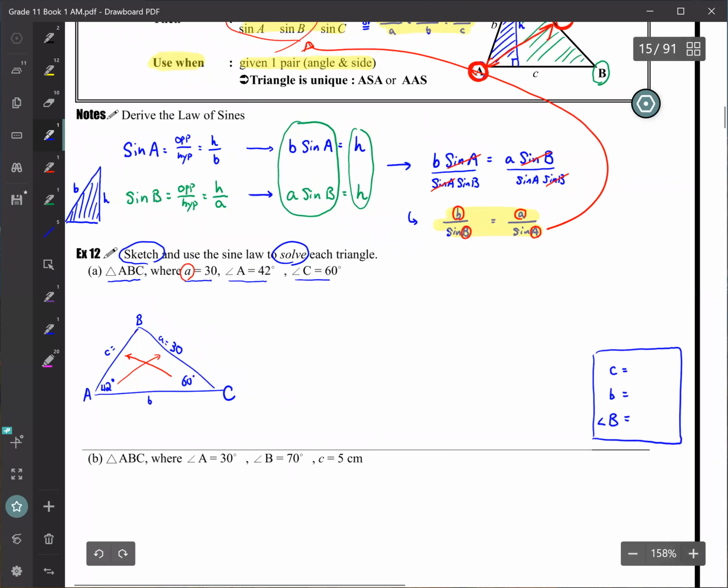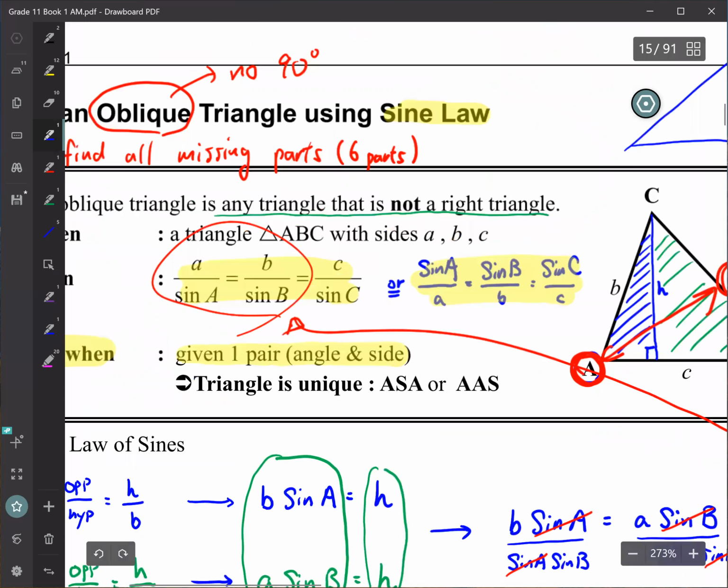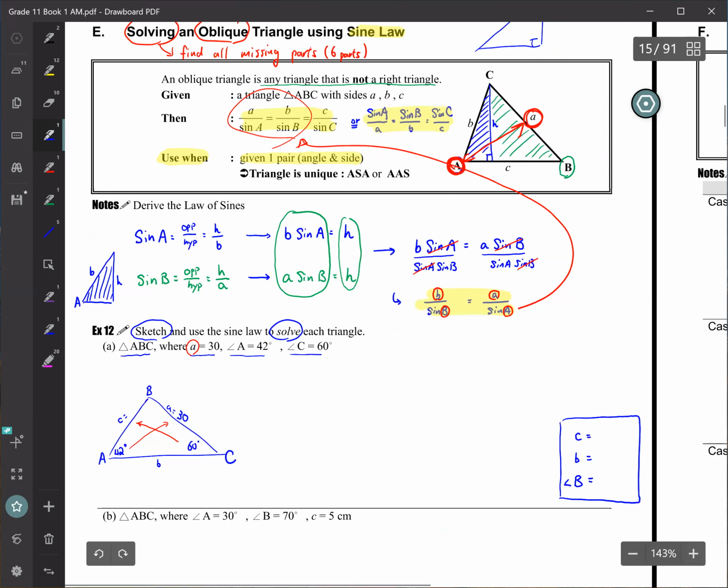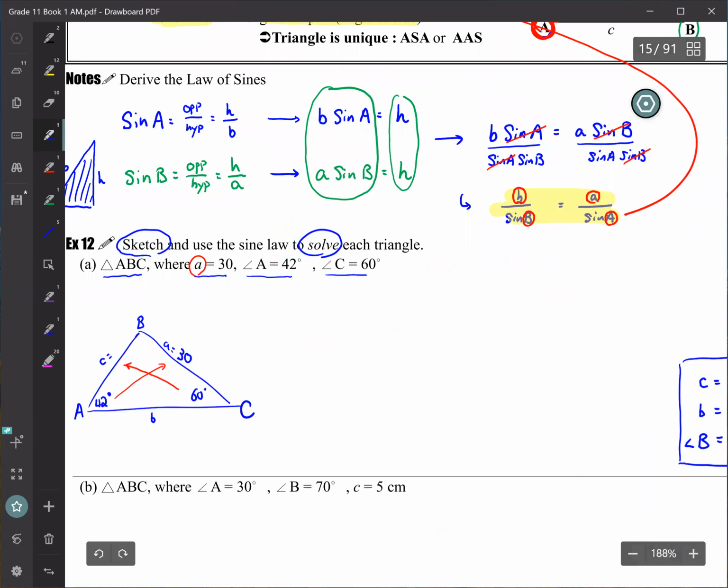So now all we need to do is fill into the sine law. Sine law is pretty easy to remember. It has to be in pairs, right? You can either have the sides on the top or the sides at the bottom. I'm just going to use the one with sides on the top. So we have a pair of angle A and side A. I will start with 30, that's side A over sine 42.